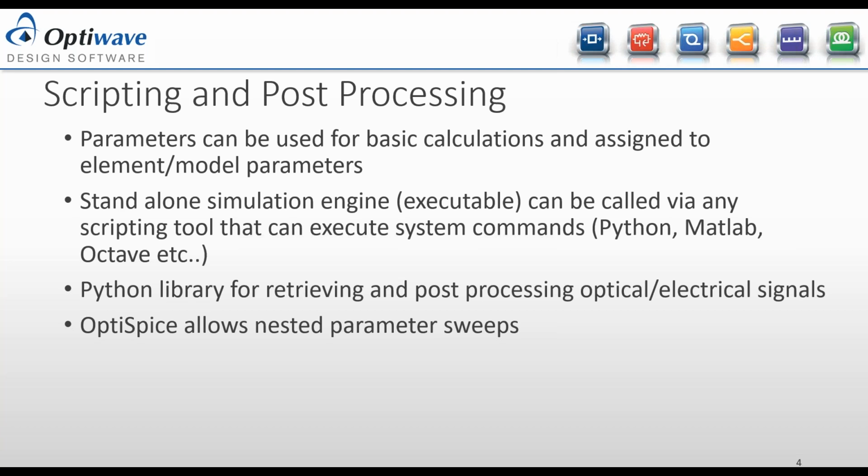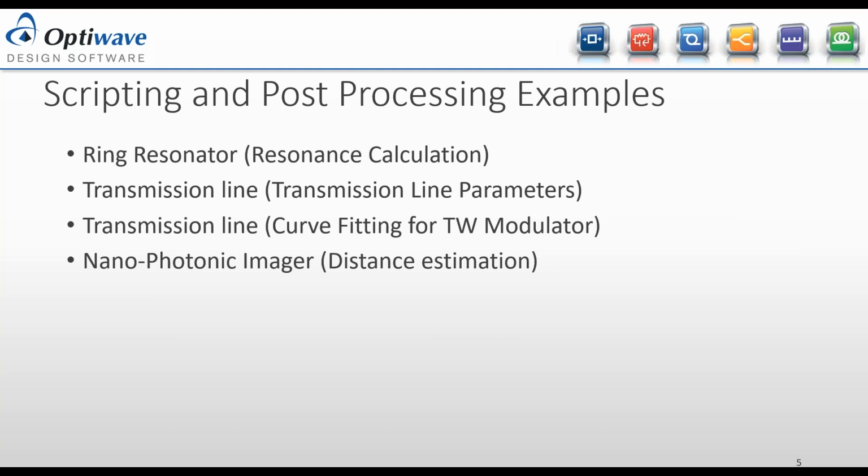For example, you can use Python, MATLAB, Octave, and specifically with Python, we have written a library which allows you to load the results from OptiSPICE into Python very easily and then use it for post-processing. Finally, in OptiSPICE, you can do nested parameter sweeps. That may also enable you to look at optimization of a particular design.